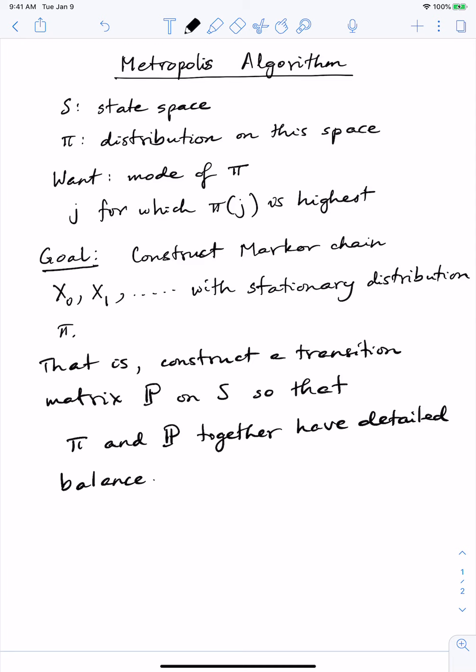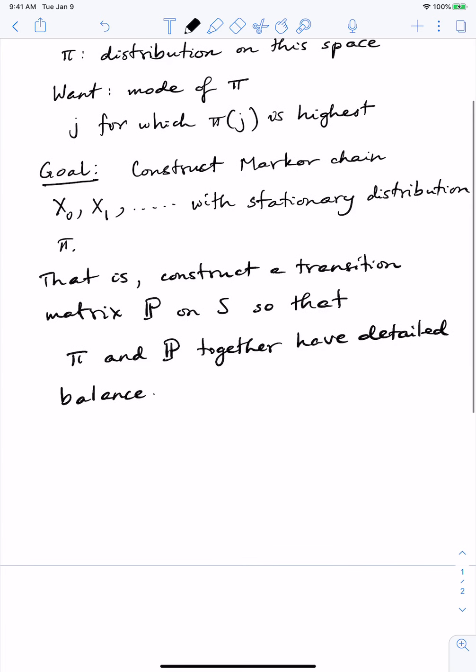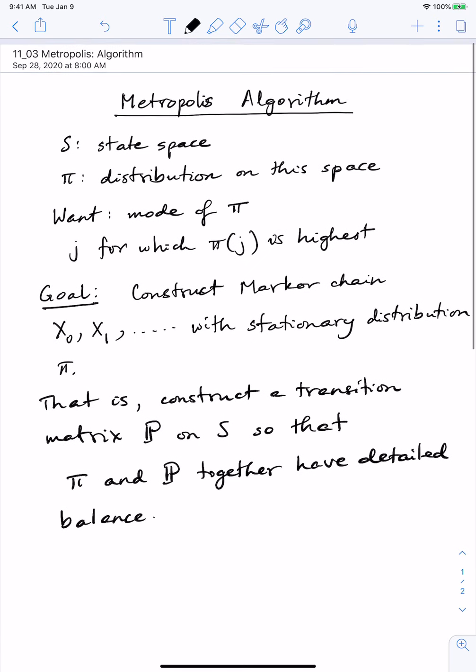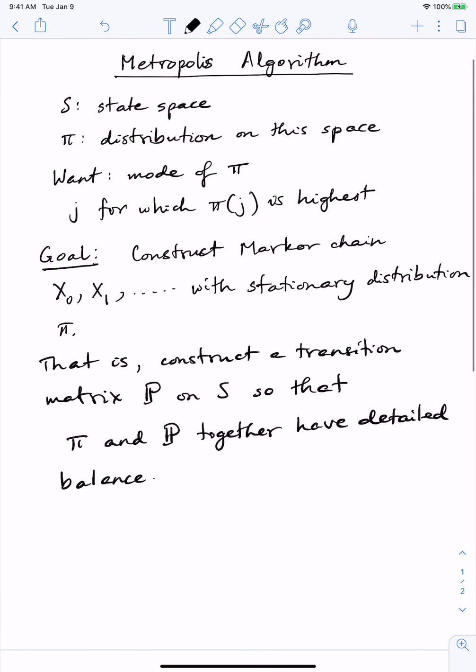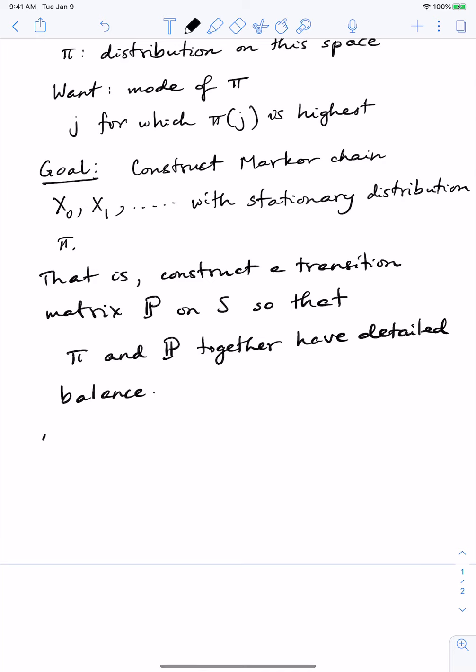So how are we going to do that? Well, it's a good idea to remember that our chain is going to move from one decoder to another. And you have to start somewhere. And so the algorithm starts like this. You've got to construct a transition matrix.